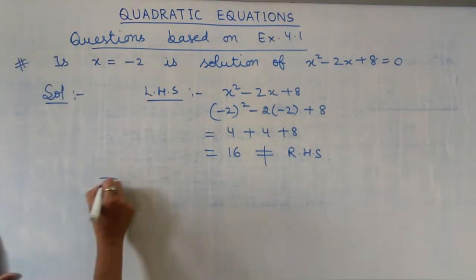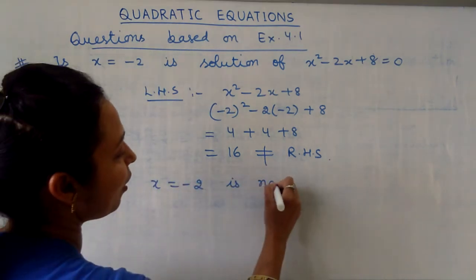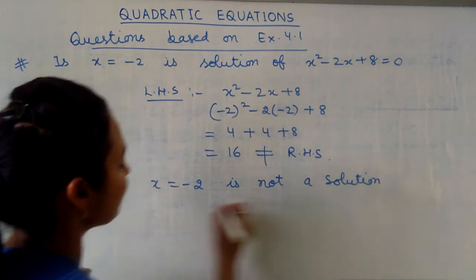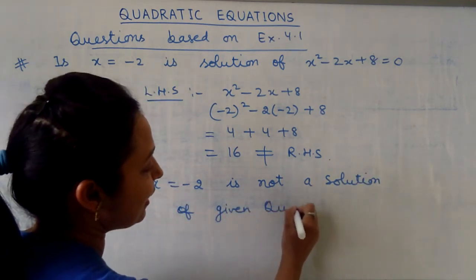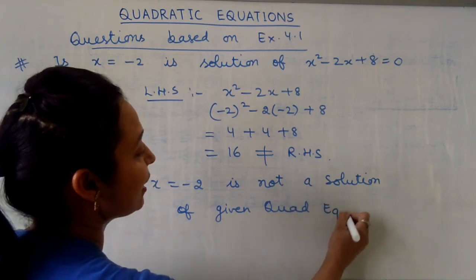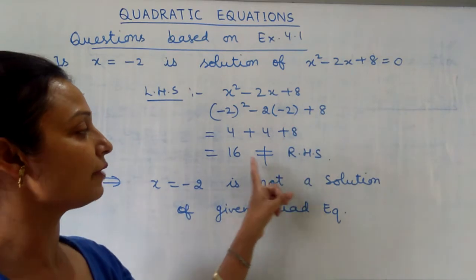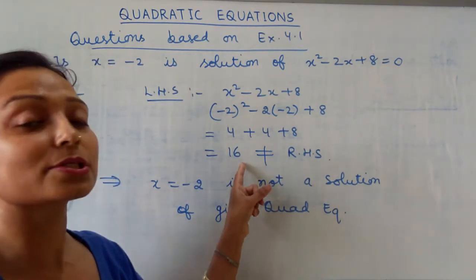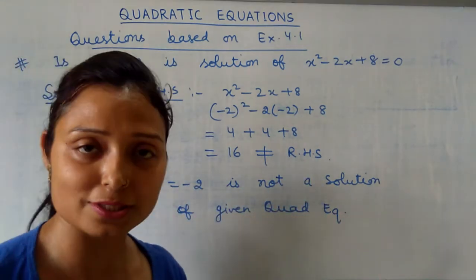That means you have to say x equals minus 2 is not a solution of the given quadratic equation. If the question says that you have to check, take the left hand side, and the answer should be equal to 0. If it is equal to 0, then it is a solution. Otherwise, it is not a solution.